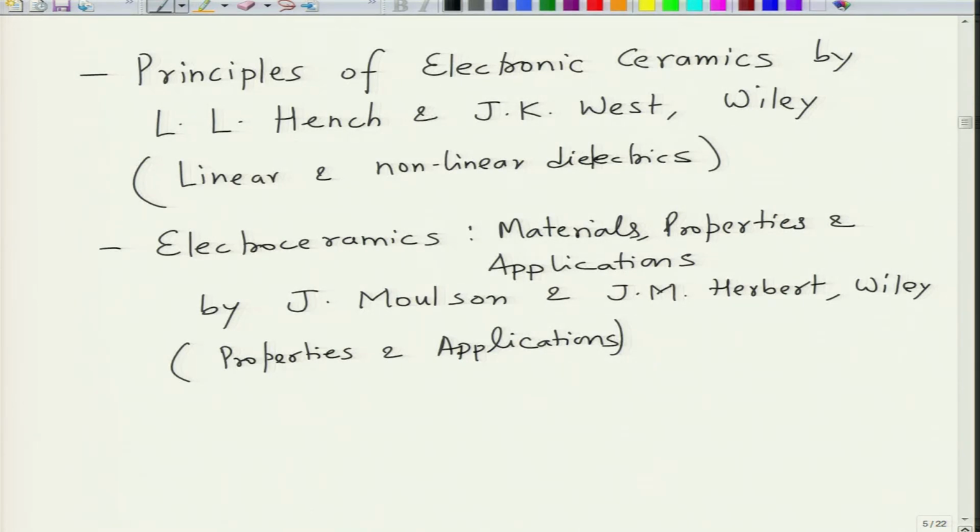And from the perspective of defect chemistry, there is one very specific book that I would recommend to you. If you have time, you can read it.